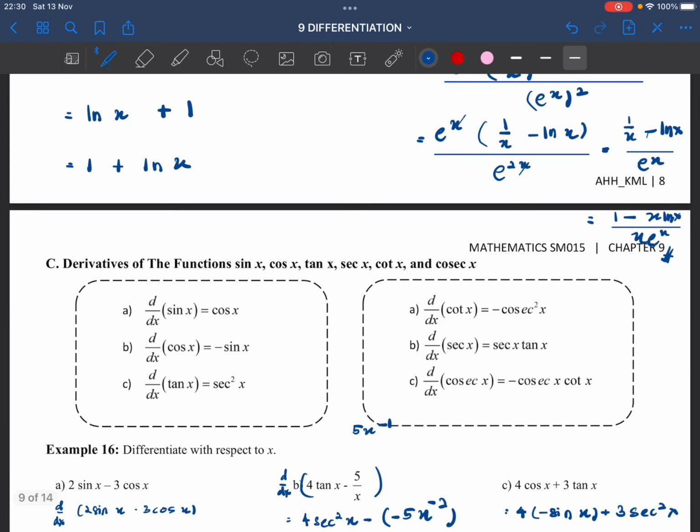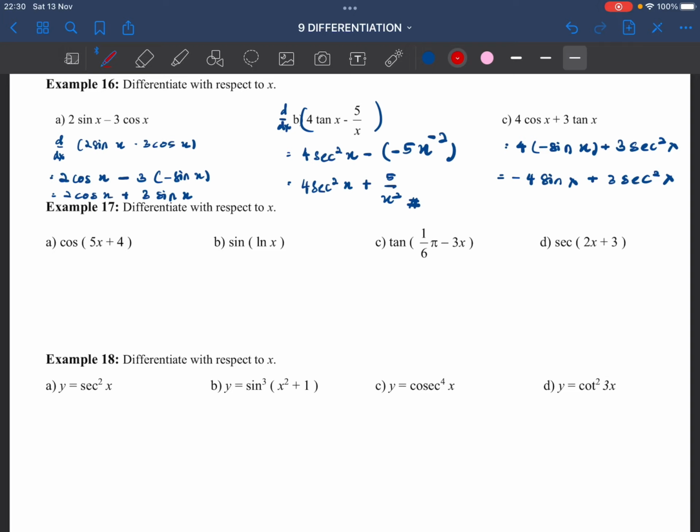So basically here, if you have d over dx sin ax, the answer is going to be positive cos ax multiply by a. Or we can also write multiply by d over dx ax. So we have to differentiate the function. You can see the pattern: for exponent, log and trigo, all have multiply by differentiate the function.